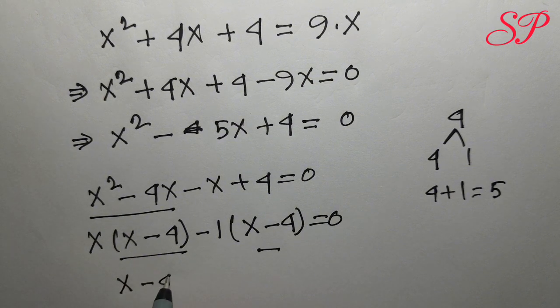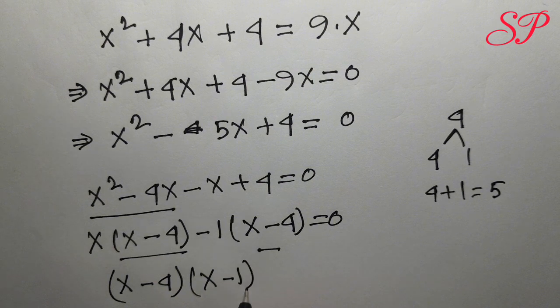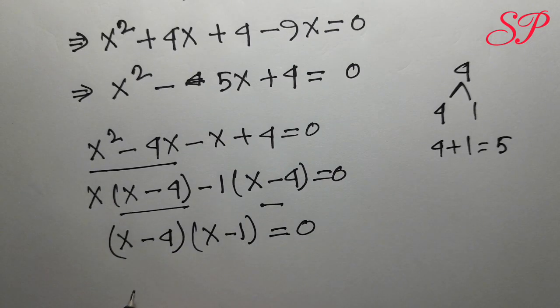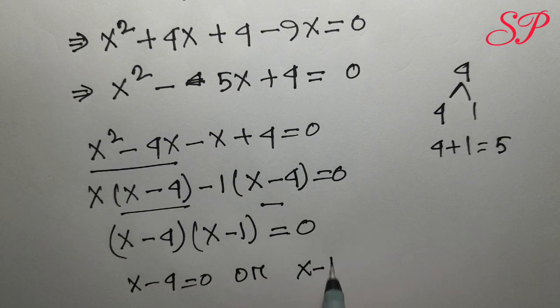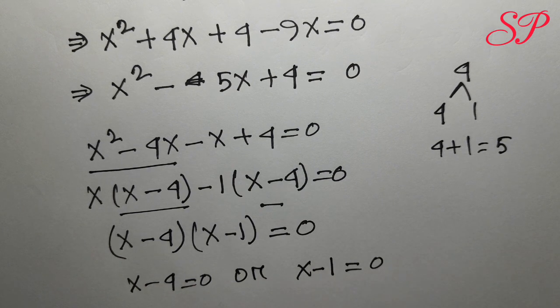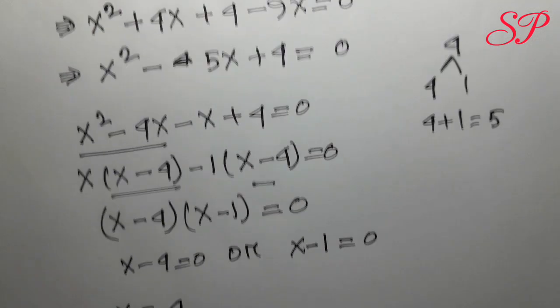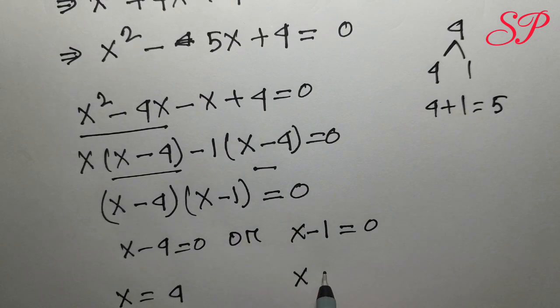So we can write x minus 4 and x minus 1 is equal to 0. Then x minus 4 is equal to 0 or x minus 1 is equal to 0. Here x is equal to 4 or x is equal to 1.